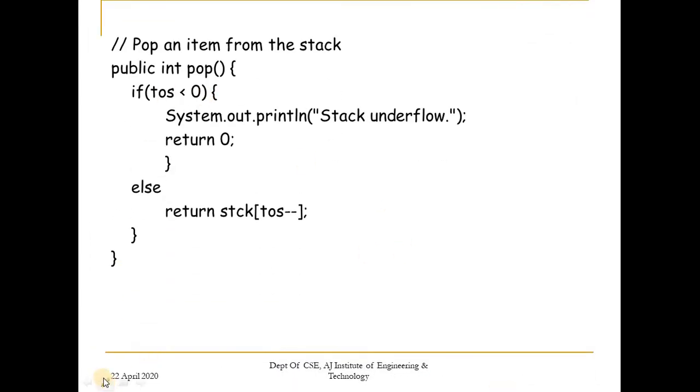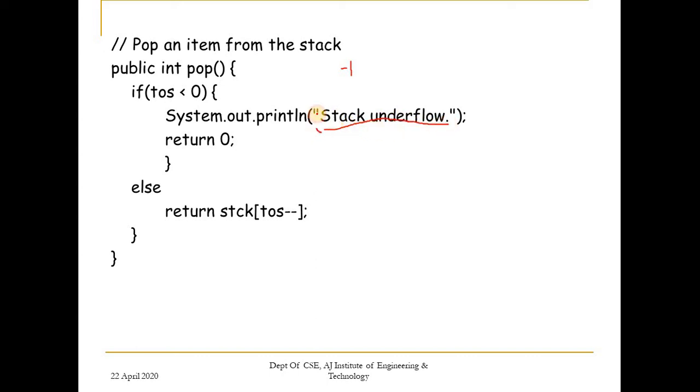Let's see this pop method here. Now for pop method we have to test if top of stack is less than 0. That is, if the top of stack is -1, top of stack is less than 0, in that case there are no elements in that stack. We will display stack underflow.